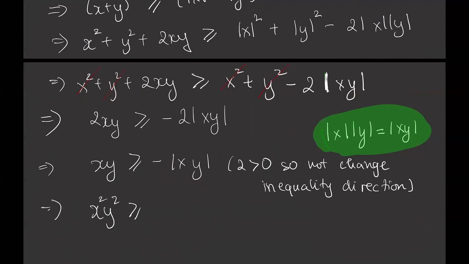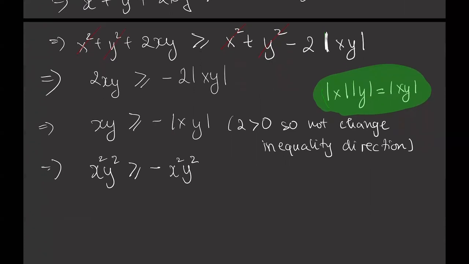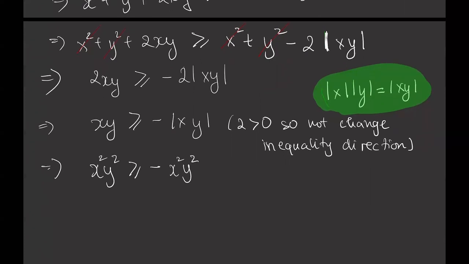So we get something like this. And what do we do? Okay, if you want to divide, you have to think about plus xy because x and y are positive.